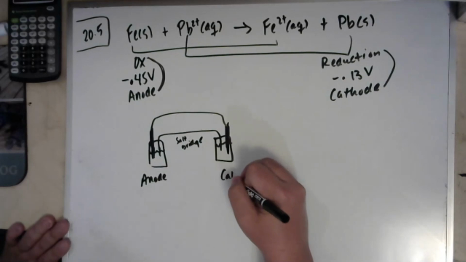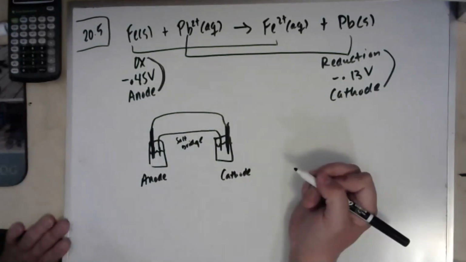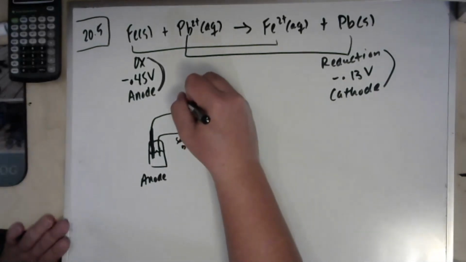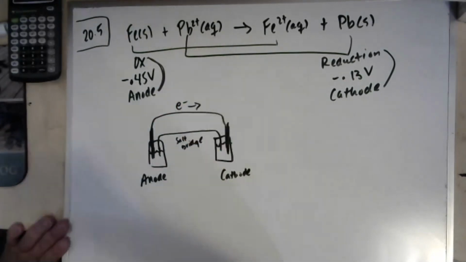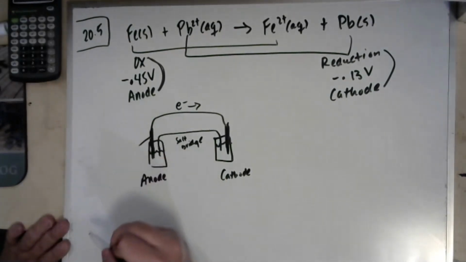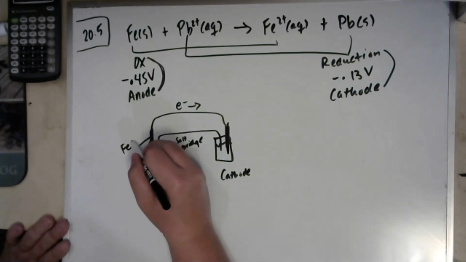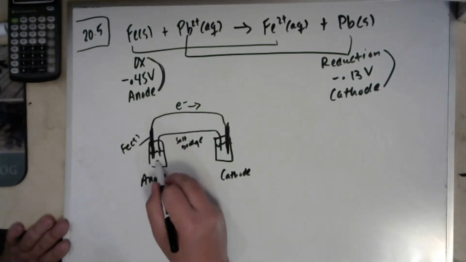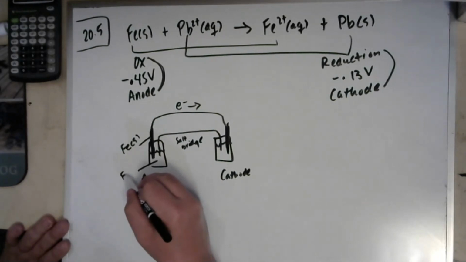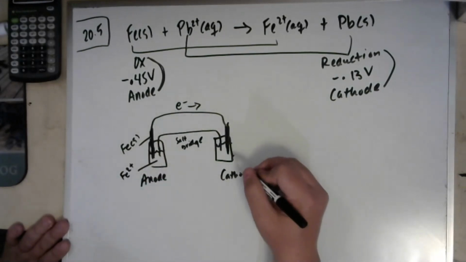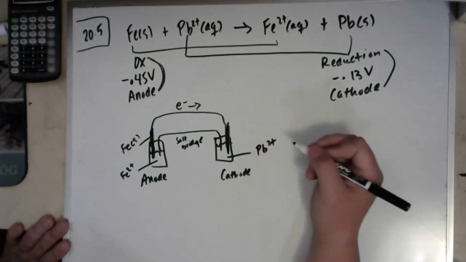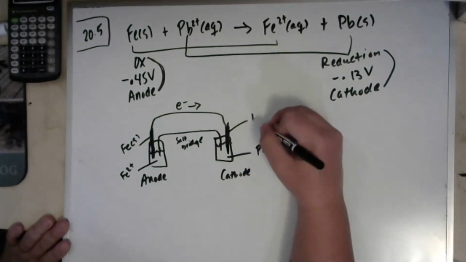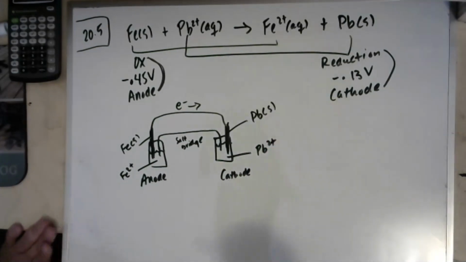That's going to be the anode, that's going to be the cathode. Electrons are going to flow in this direction from the anode to the cathode. And the solid in our anode is going to be the Fe. And in the solution is going to be Fe2+. In the solution at our cathode is going to be Pb2+. And our solid is going to be Pb solid.